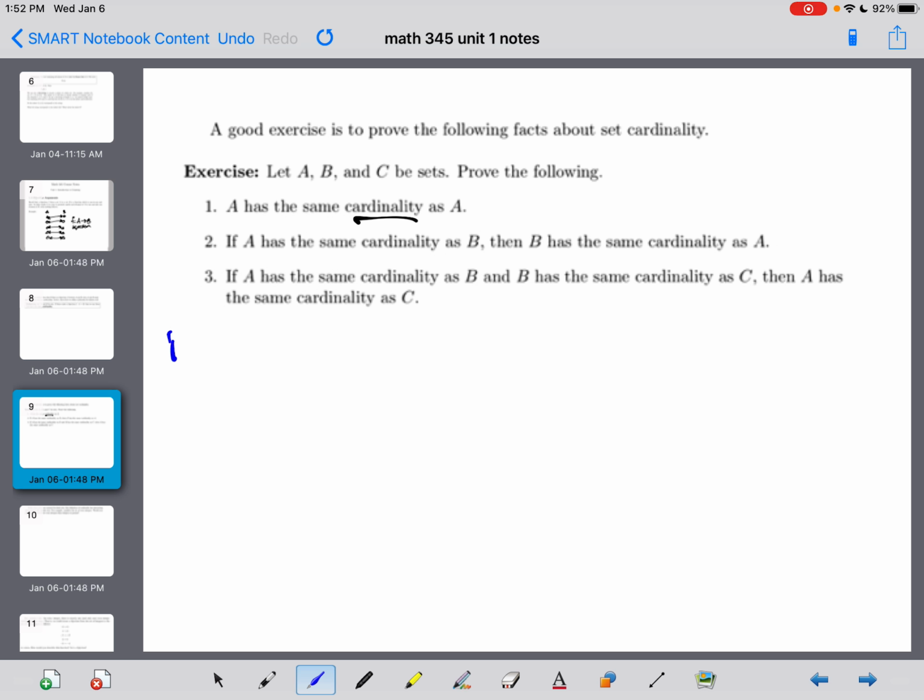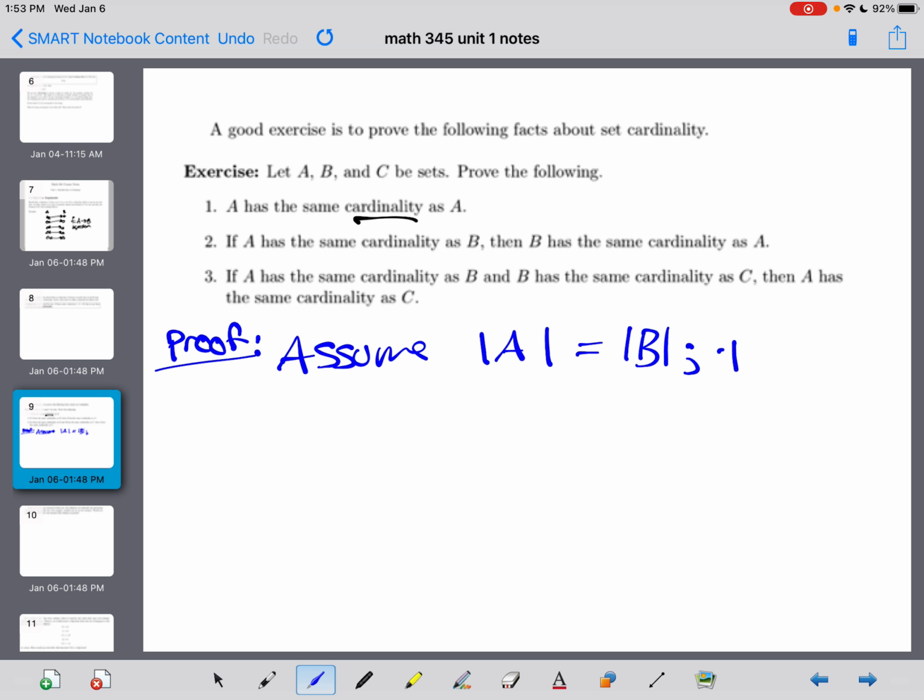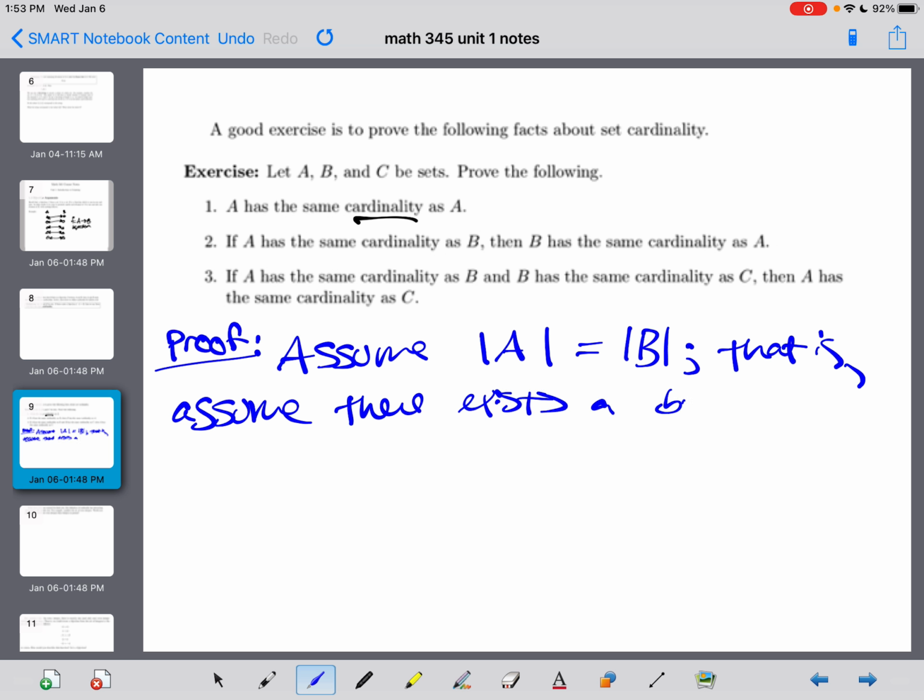So if we wanted to prove the second result here, that if A has the same cardinality as B, then B has the same cardinality as A, then we're going to assume A and B have the same cardinality. So the cardinality of A is equal to the cardinality of B. That is, we're going to assume that there exists a bijection f from the first set to the second.